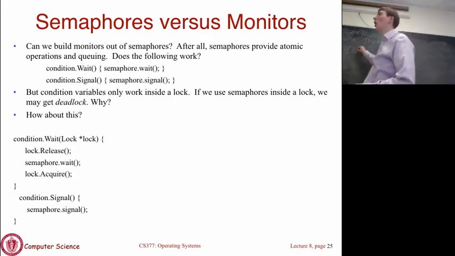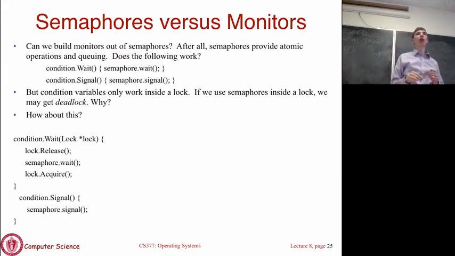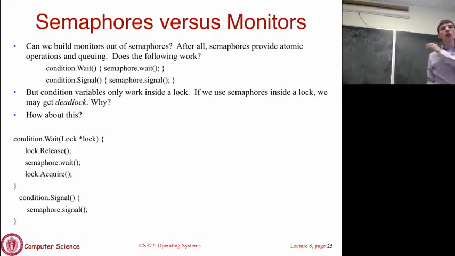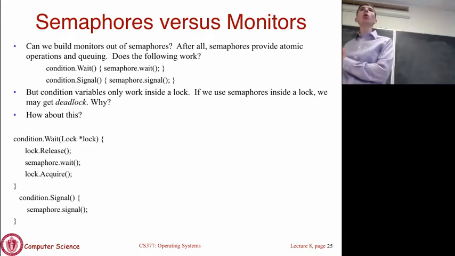Right, so this is not the same as what happened in the semaphore case. In the semaphore case, this thread, when it called wait, decremented the semaphore but didn't block. Whereas in the condition variable case, when you call wait, you're always blocking. So clearly this is showing that there is some difference between how semaphores and condition variables are working.